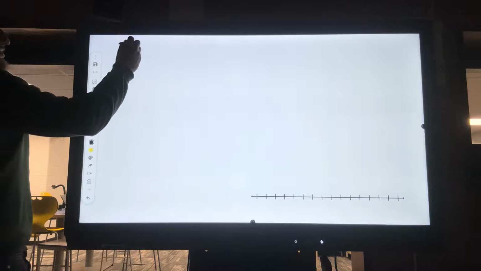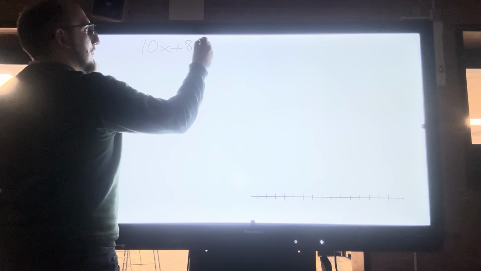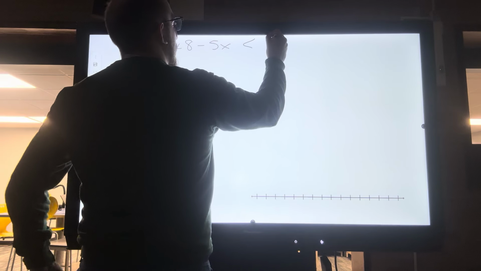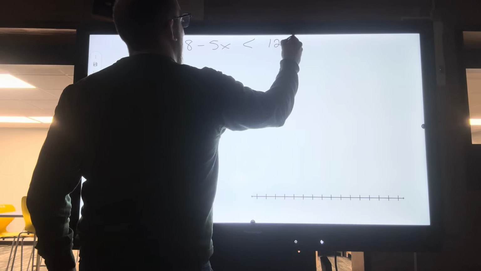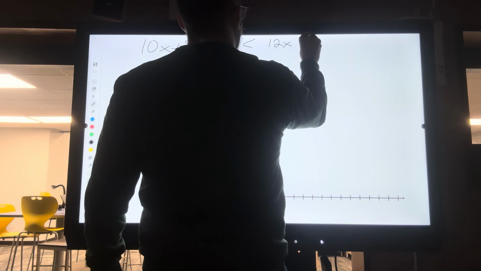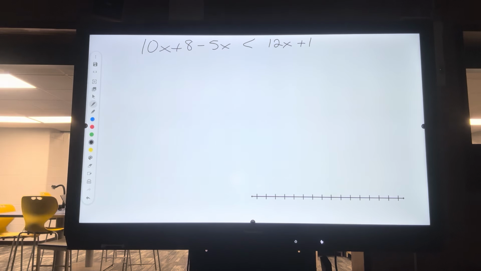Cool, so you're going to try one yourself. Why don't we try 10x plus 8 minus 5x is less than, let's go, 12x plus 1. That should work. And you can solve that up.